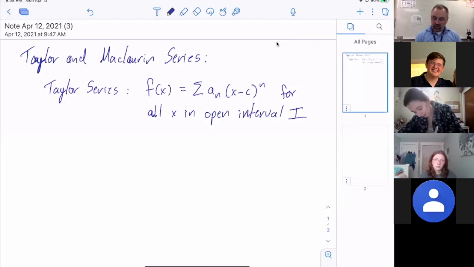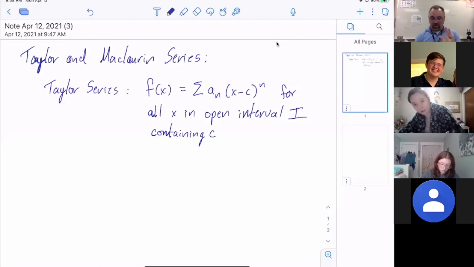So for containing C, and here we go. Here's the thing: how do we find those a sub n's?